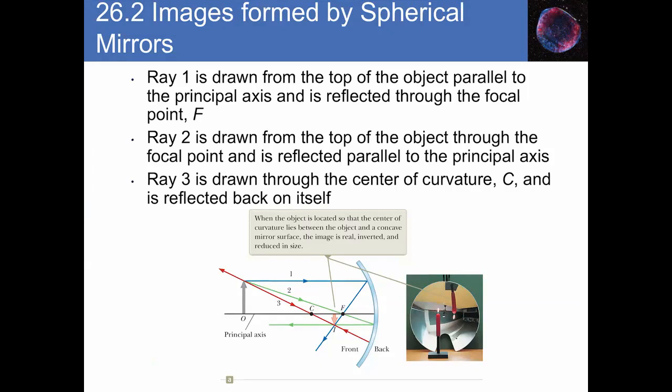All right, so we're going to continue with curved mirrors. Here we're going to talk about how we can use a concave mirror to get different images depending on the position of the object. Generally, there's this mirror equation that we can always use to calculate the value of the image position.